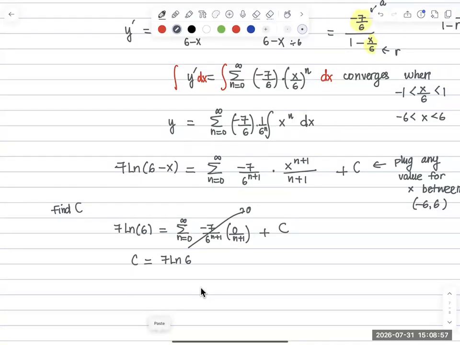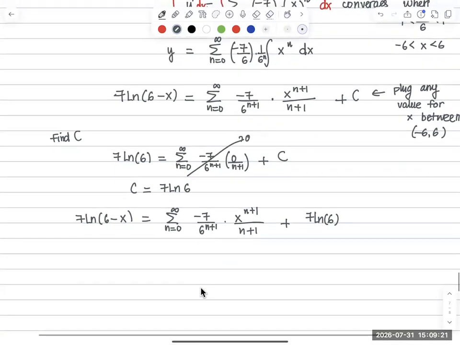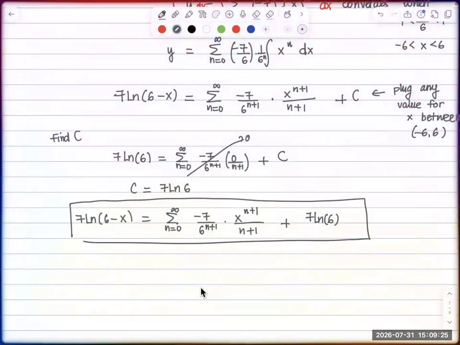So we rewrite our final result: 7 ln of 6 minus x is the summation of n equals 0 to infinity, -7/6 to the power n plus 1, x to the power n plus 1 over n plus 1, and then plus 7 ln of 6. Okay, so this is the series that represents this function.